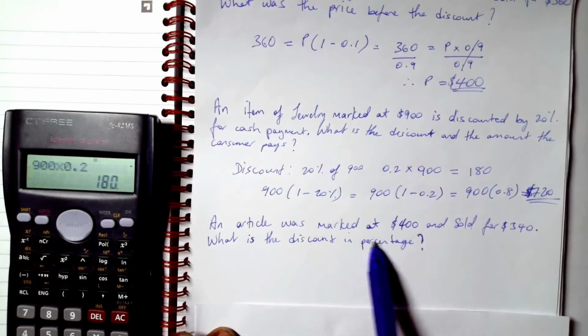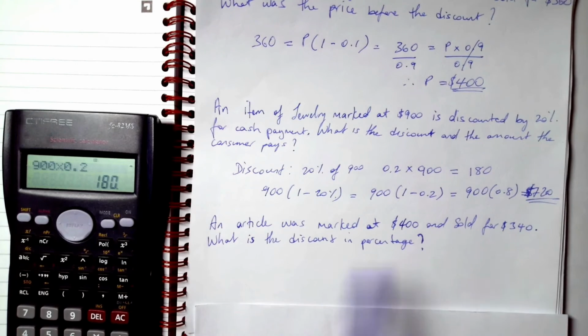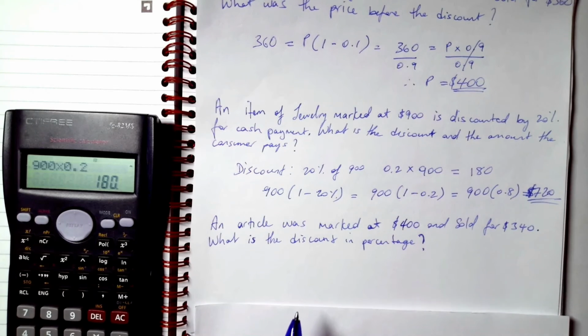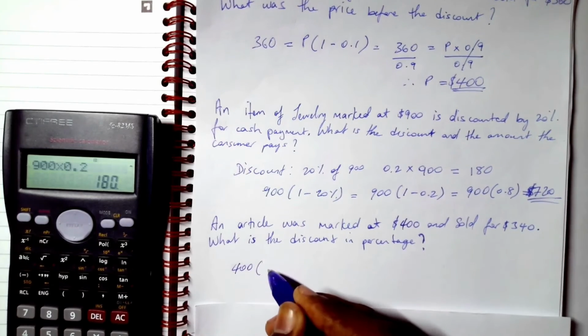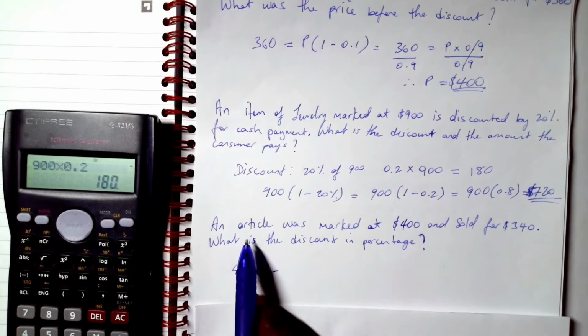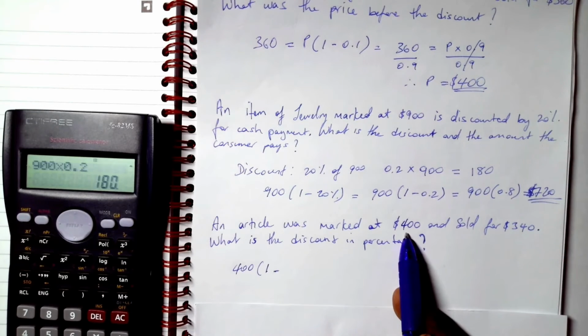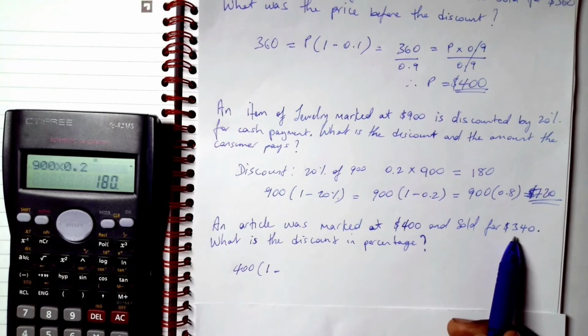An article was marked at $400 and sold for $340. What is the discount in percentage? So we are given the initial value multiplied by 1 minus, because if it is marked at 400 and sold for 340, the value decreases.